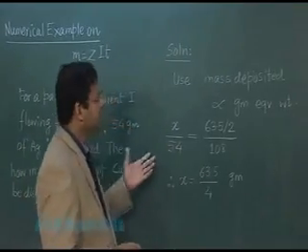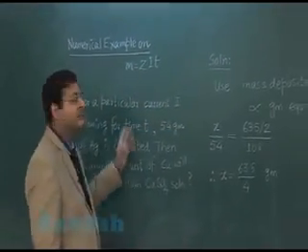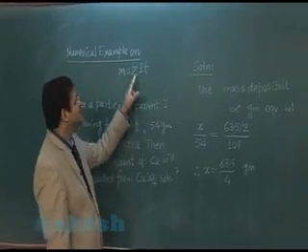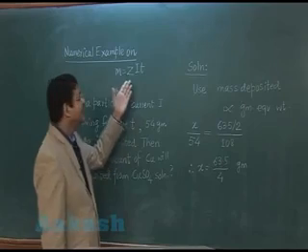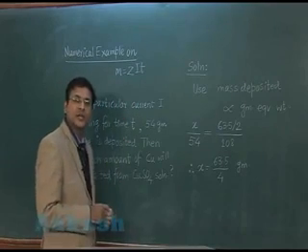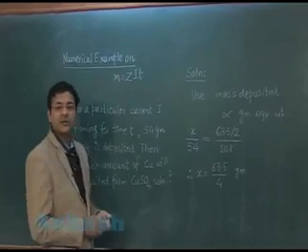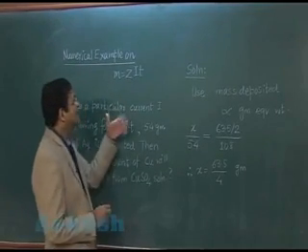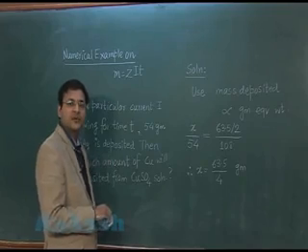So essentially in this example, we have used this concept that in case the charge is same, mass deposited is in proportion to the equivalent weight of the substance. In case they had given you the value of Z, then directly you can calculate the amount of charge which has flown into the circuit.